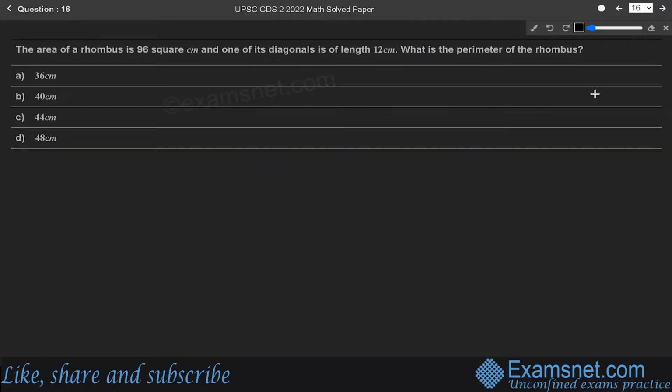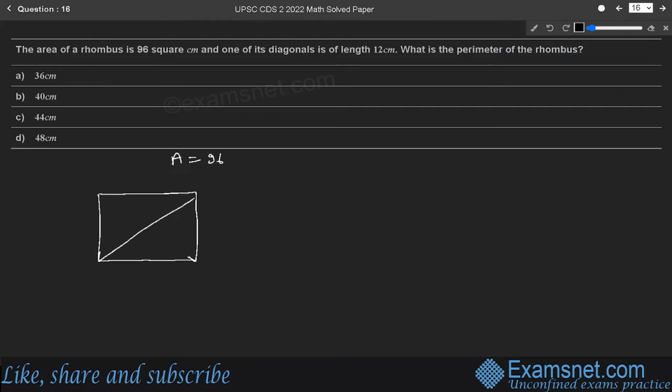Next question is, the area of a rhombus is 96 square centimeter and one of its diagonals is of length 12 centimeter. Let us make a rhombus. We know that in a rhombus every side is equal and the diagonals of a rhombus cut each other at 90 degree. The area is given, which is 96 square centimeter, and one of its diagonals is given.